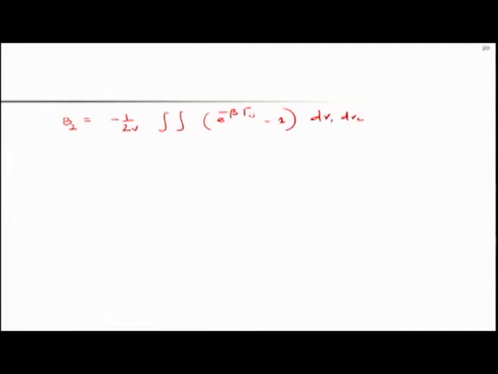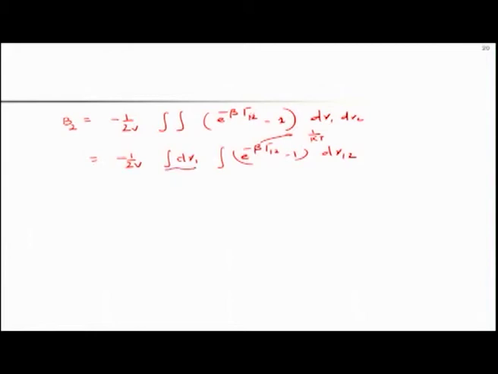We can replace this with 1 2. Now, I can rewrite this expression as the integral of dr1 times the integral of e to the minus beta gamma 12 minus 1, dr12, where remember that beta is nothing but 1 by kT, where k is the Boltzmann constant.